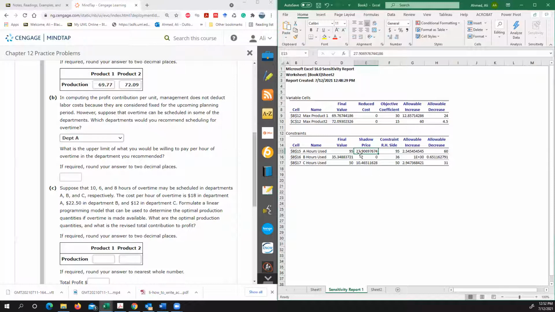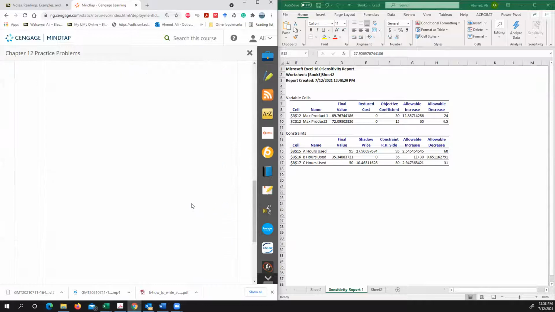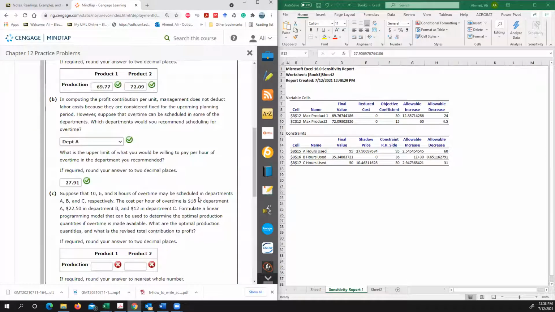The maximum I can pay is actually this amount, because if I pay more than this, I will be losing money. So I will never pay more than 27.91. This is the maximum I can pay for the overtime in department A. So let's submit this work first and see what's the outcome.